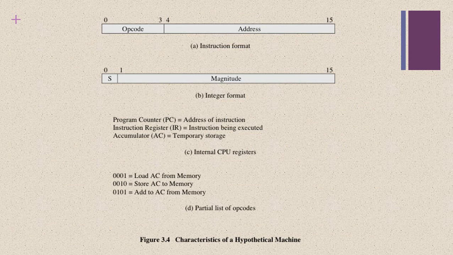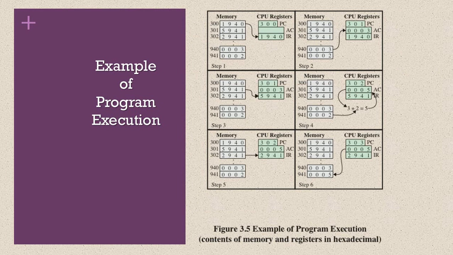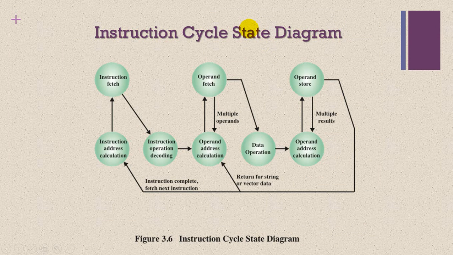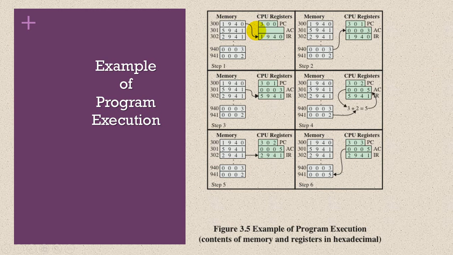The opcodes are listed here: load AC from memory, store AC to memory, add AC to memory, each with its number. So for example, store AC to memory is number 2, add to AC from memory is number 5. And the way this works is our memory loads into our instruction register.